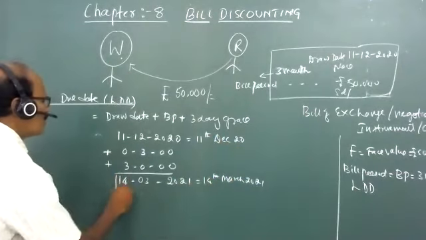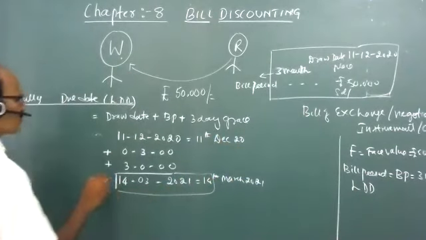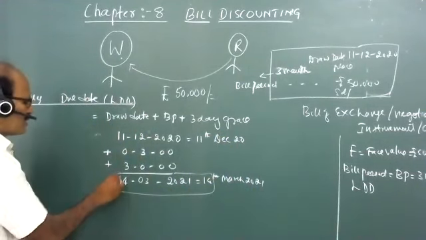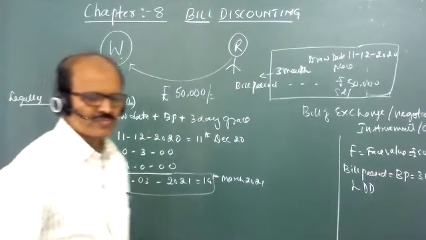This is called the due date. So the wholesaler has to wait till this date to get the amount back.